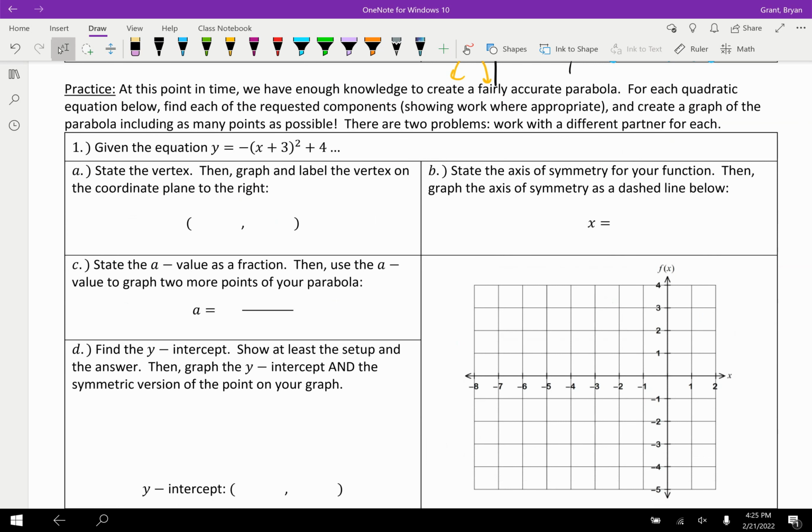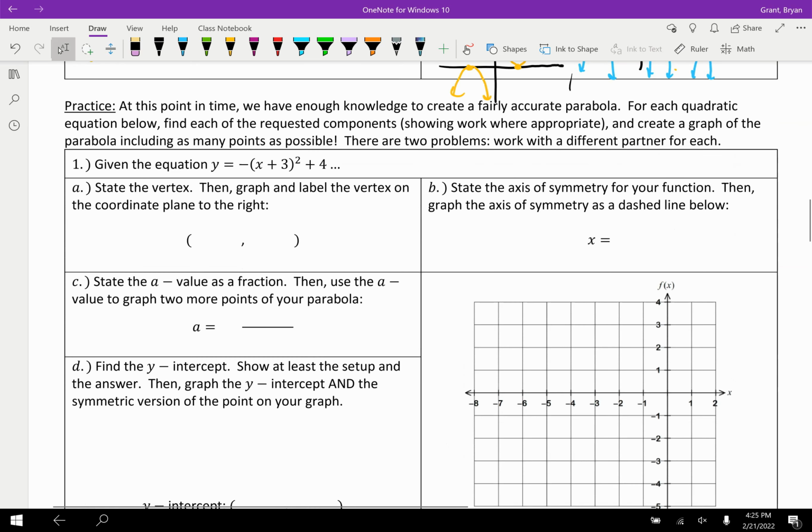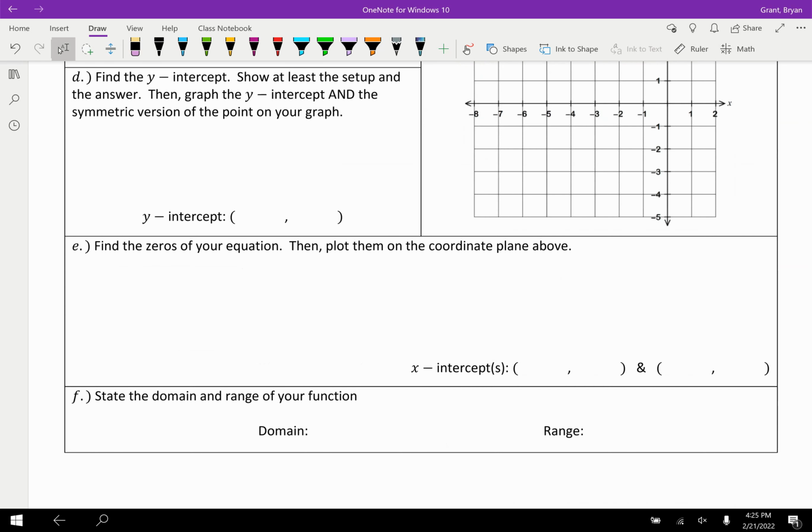So, at this point in time, we have enough knowledge to create a pretty darn accurate parabola. In many cases, it's a parabola that will have 7 points, sometimes just 5 if they overlap. So, we have 2 quadratics, one on this page, one on the next. Your job is to graph them as accurately as possible, and then create the graph for the parabola including as many points as possible. So follow the steps. It goes A, B, C, D, E, F, all that fun stuff.